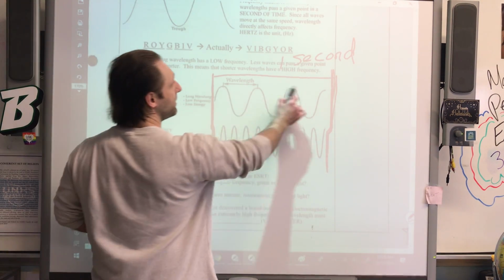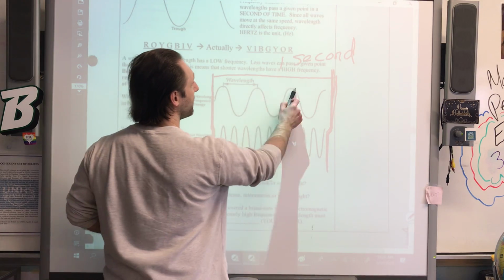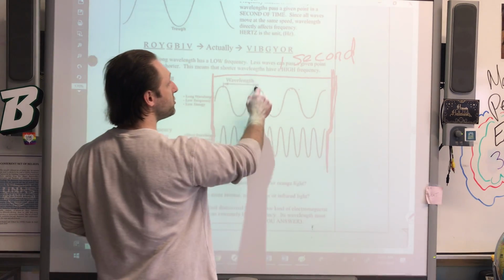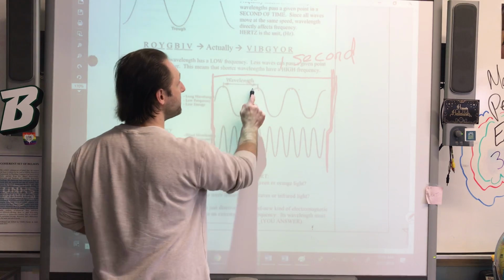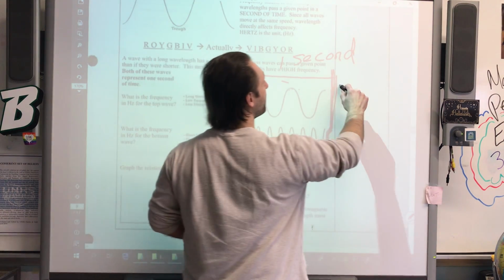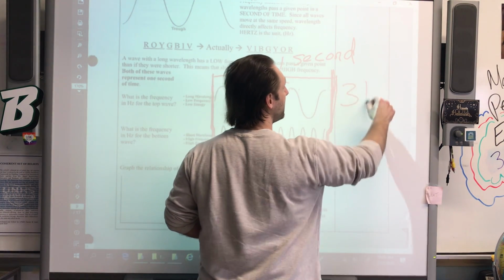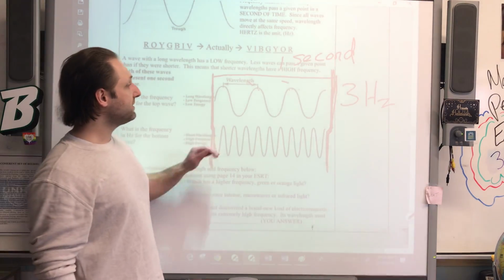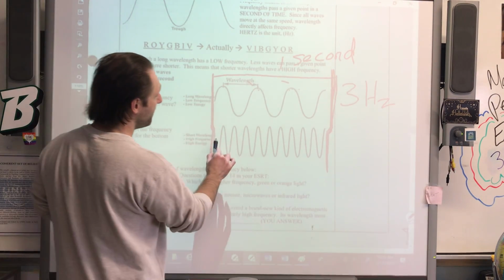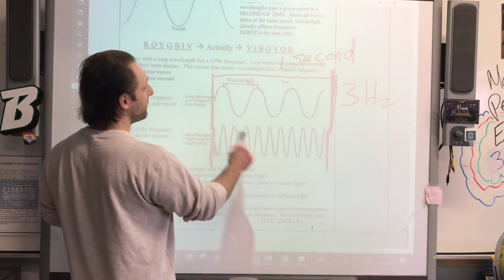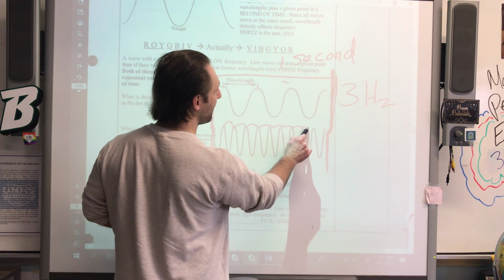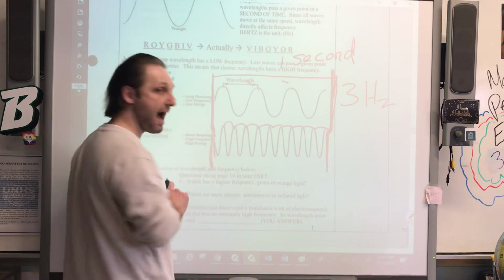As I look here, I have a wavelength, another wavelength, and another wavelength. So I have 1, 2, 3. I have 3 wavelengths, so I have 3 hertz. If I look down here, I have about half, but let's count. 1, 2, 3, 4, 5, 6, 7, 8, 9, and half.